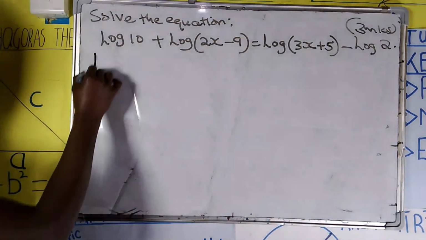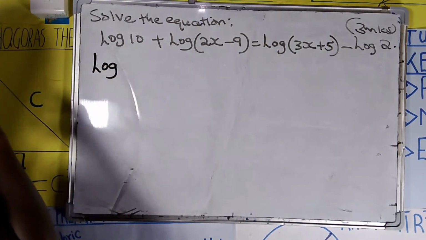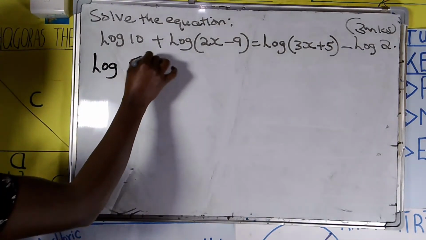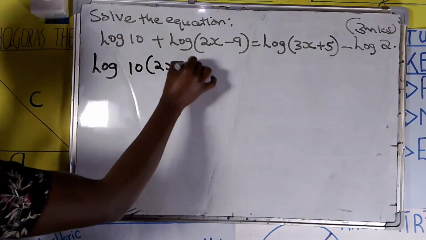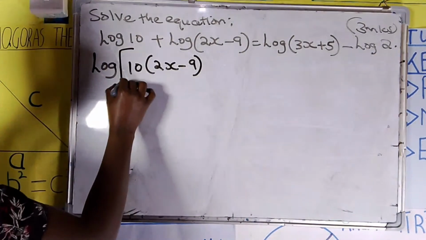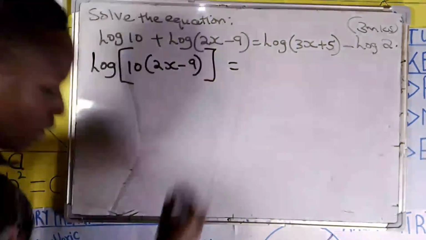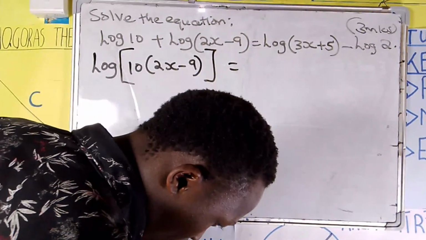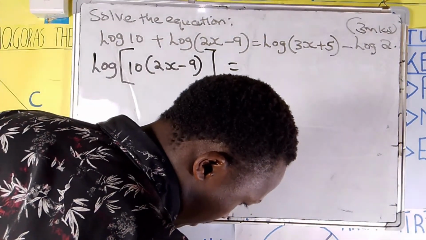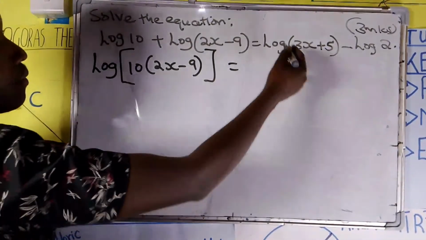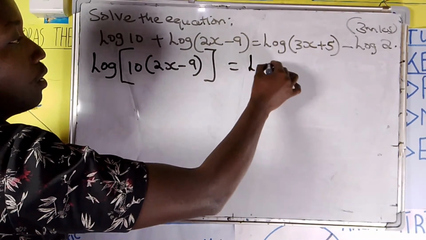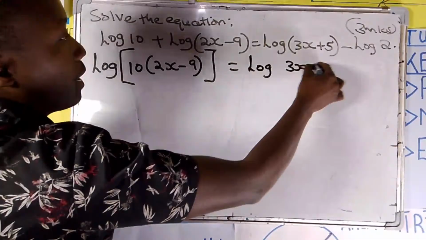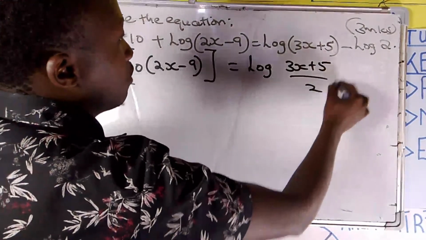So if that is the addition rule, we said it is logarithm 10 into bracket 2x minus 9. That is what we said. Is equal to. We are going straight to the point. The division rule. Logarithm of 3x plus 5 divided by 2.